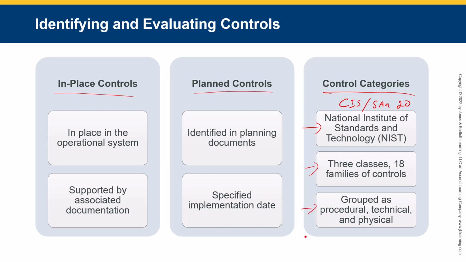So this is always really interesting, we could have admin, managerial, or procedural, or technical/logical, or physical, depending on which book you're reading. Procedural could be managerial or administrative, technical could be technical or logical, and then physical would be the last type of control. Those are the three main types.